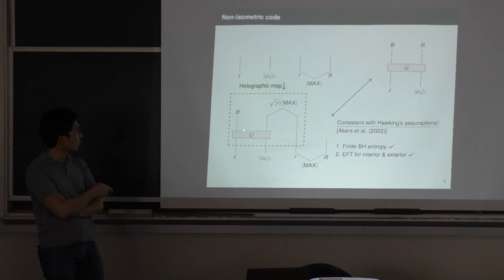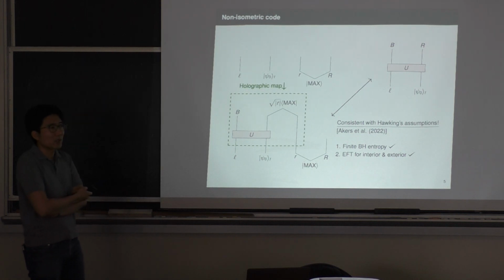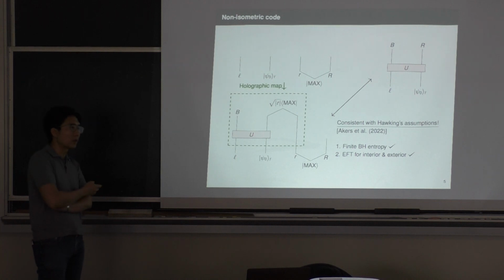Even though it looks like you have some particular fixed input state, I believe what they're saying is that you only need to consider the sub-exponentially complex states in the effective picture. Otherwise, you don't get this unique map from the outside point of view.